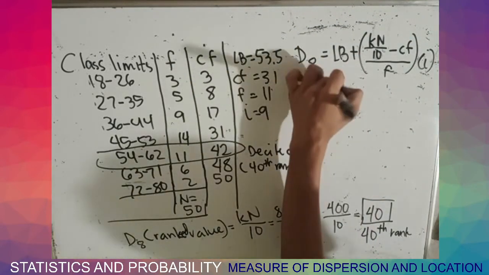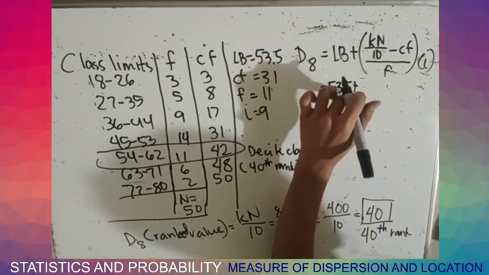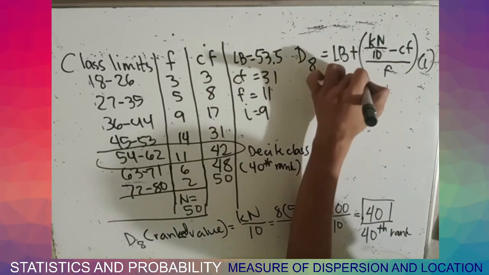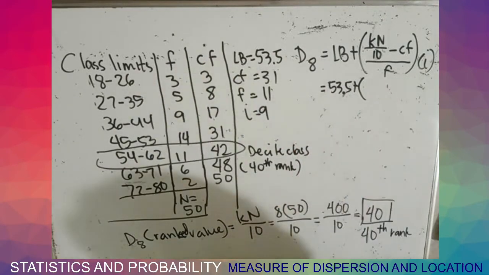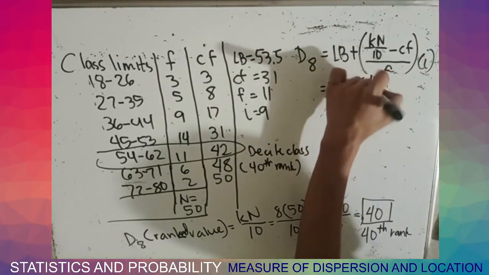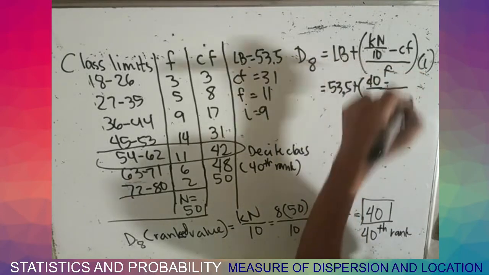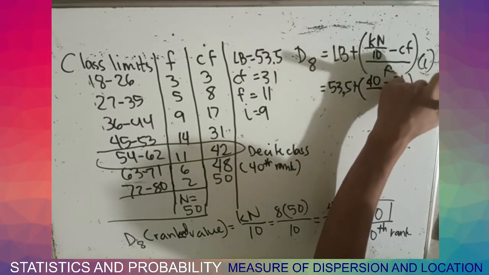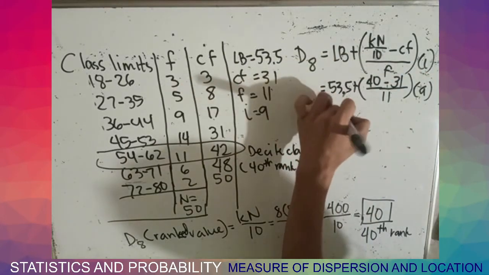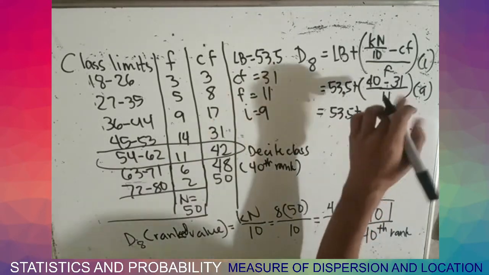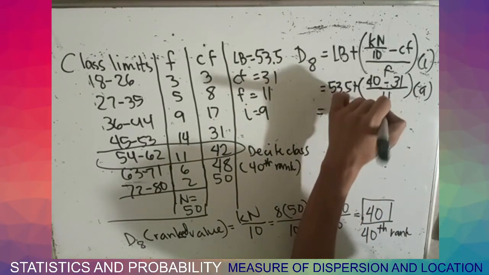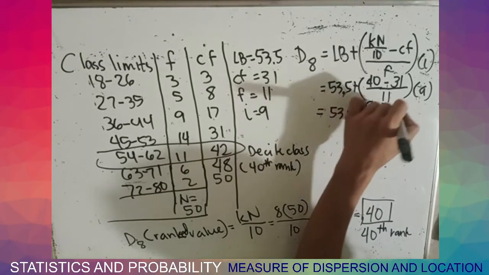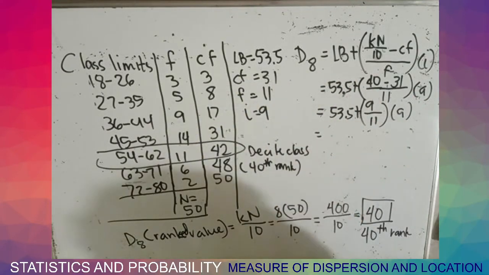So, LB natin, 53.5 plus Kn over 10 natin is 40. Tama. Minus CF natin is 31, divided by 11 times 9. So, 53.5 plus 40 minus 31 is 9, divided by 11 times 9. So, 9 divided by 11.